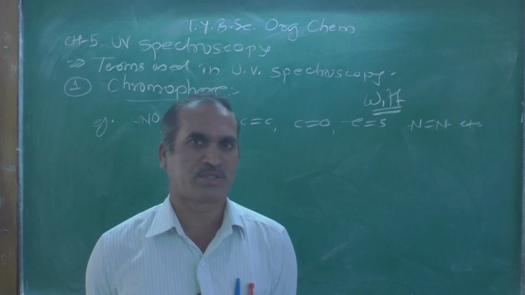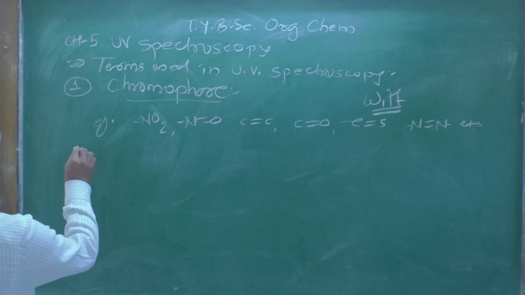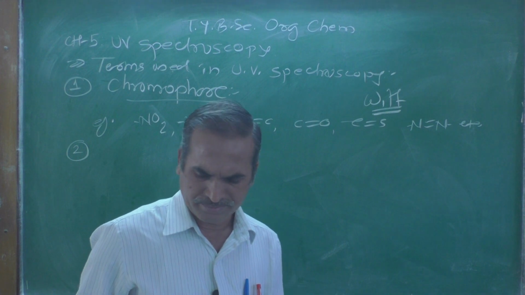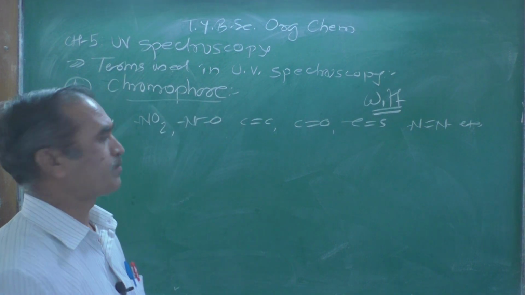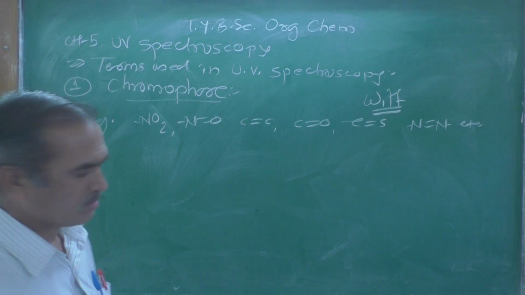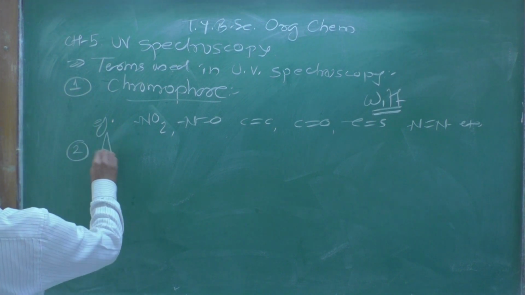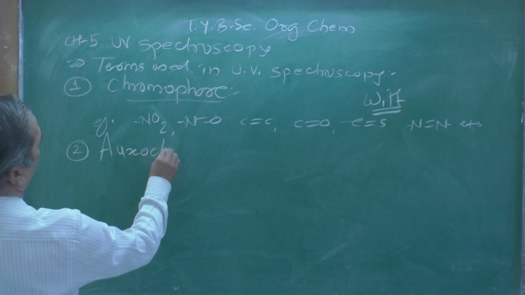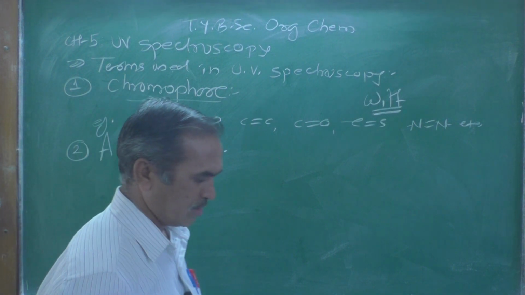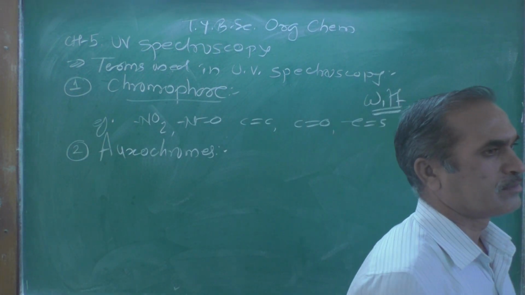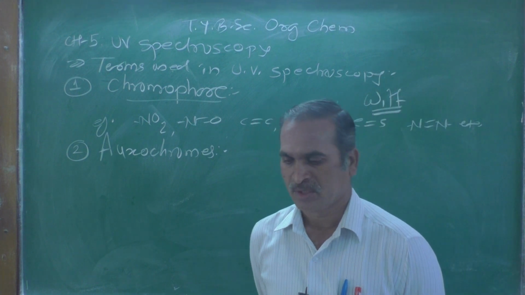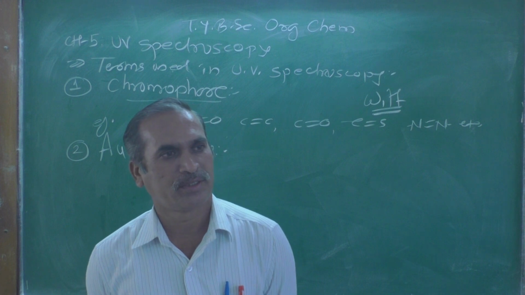So the second important term generally used in UV spectroscopy is auxochromes. Auxochrome is another important term used in UV spectroscopy.